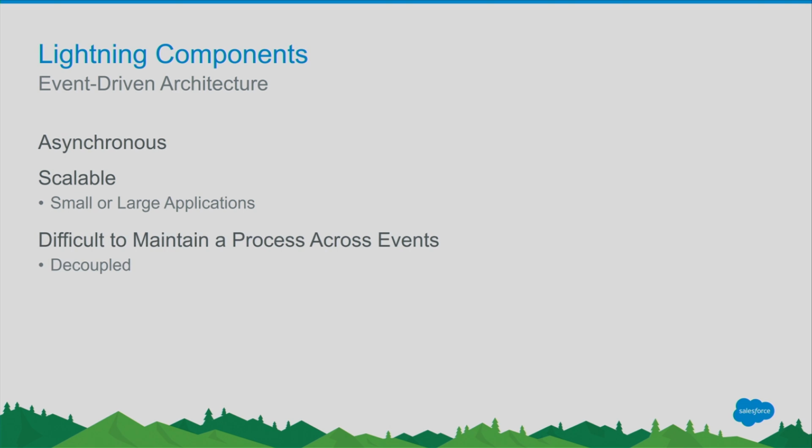One drawback of the event-driven architecture is that it's difficult to maintain a process that depends on one event occurring after another, since events within an application are decoupled, so you can't depend on one event firing if you want to time it correctly. Think of it as how you work with triggers.